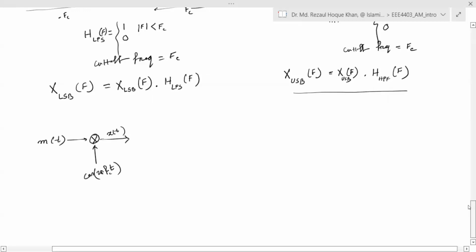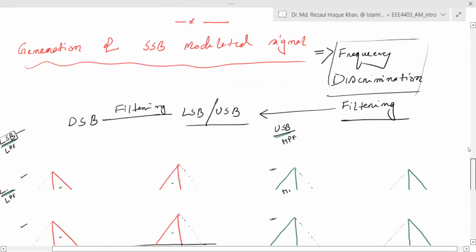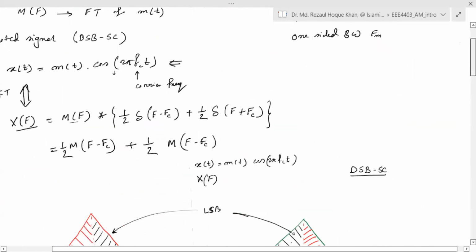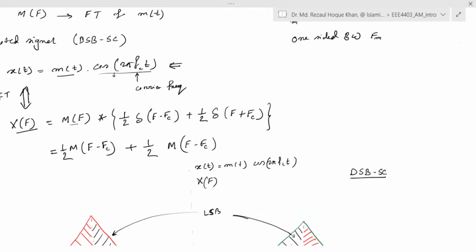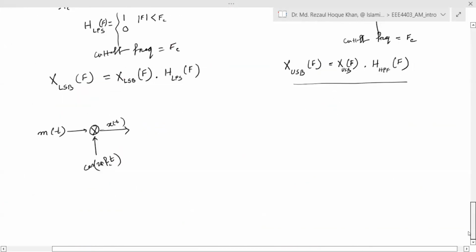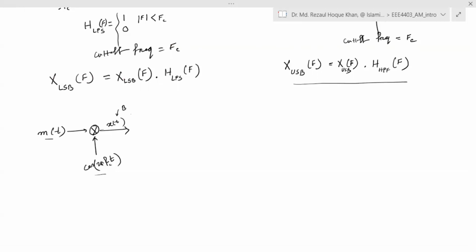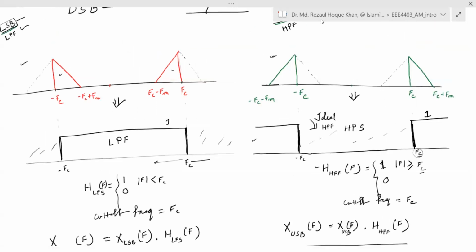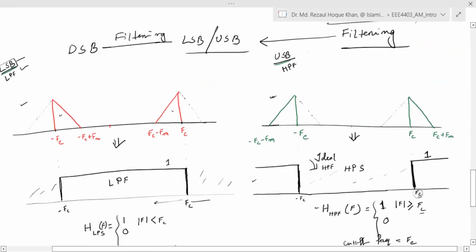So the message signal and the carrier multiply to generate x(t). This signal is nothing but the DSB, double sideband. So you need to extract either the LSB or the USB.